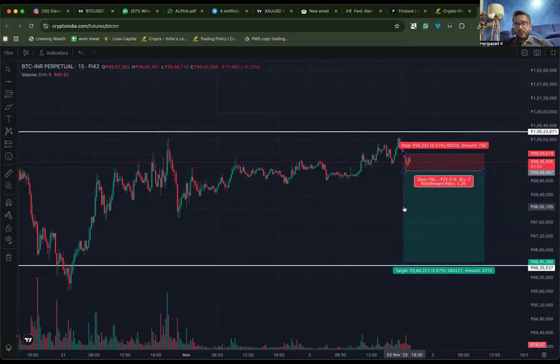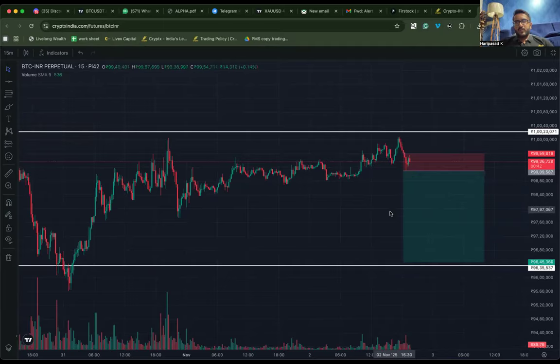So the reward potential in this case is almost 5 times the risk that you take, and I can consider this a really good trading opportunity to pursue.